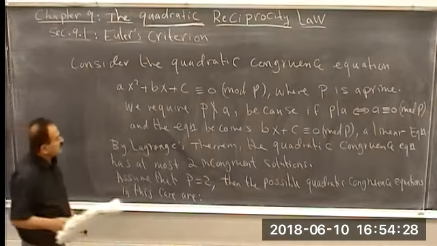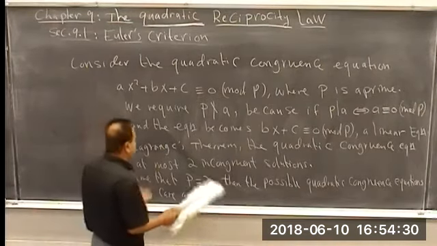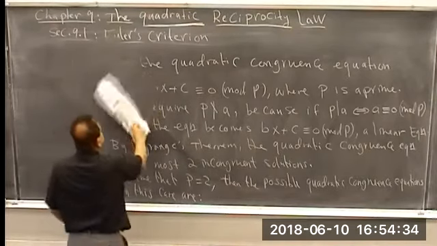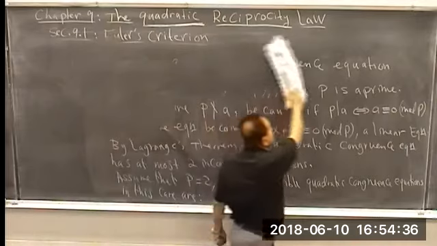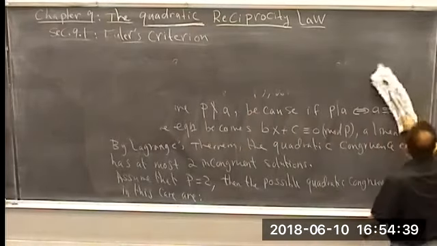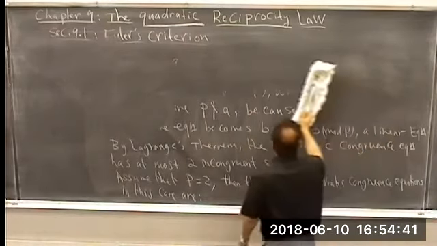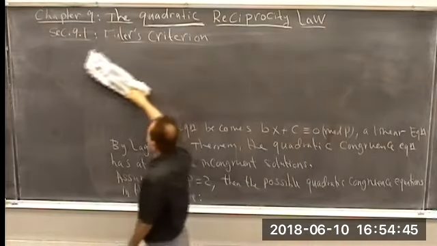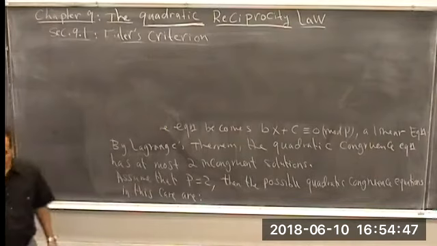The coefficients a, b, and c are going to be either 0 or 1, because everything else we can reduce mod 2, so we cannot have 3 or 4 or even 2.